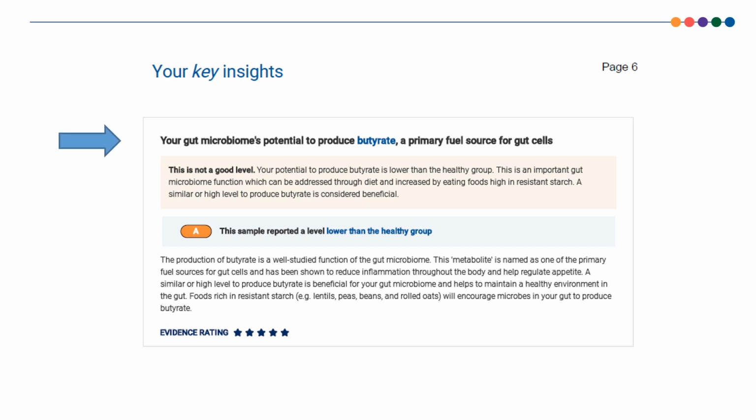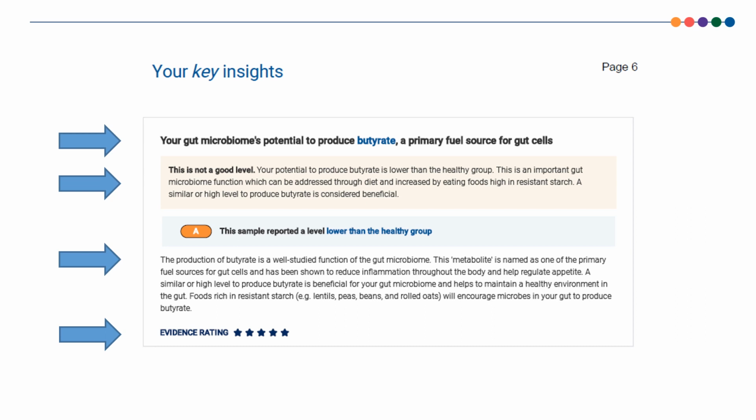There's a high-level description of the metabolite and commentary telling you if your level is good or not. The bottom section gives more detail about the metabolite and ways to influence levels with diet. The evidence rating at the bottom shows how much scientific literature there is to support this marker, with 5 stars being a robust amount of evidence.